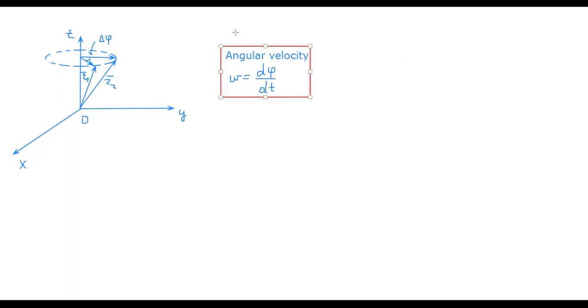And in the same way, we can describe angular acceleration.